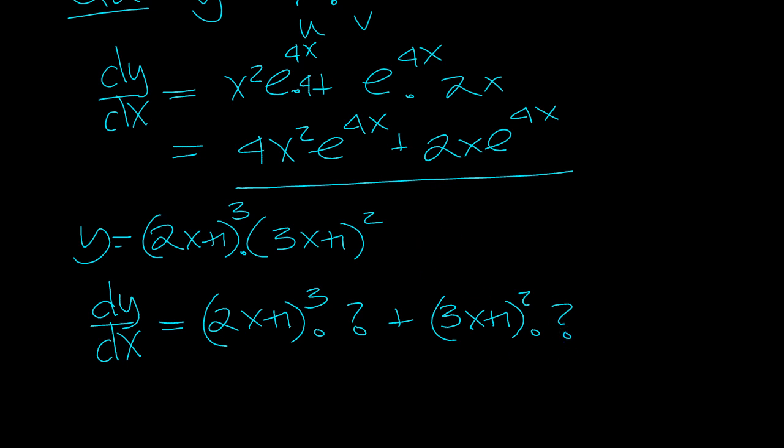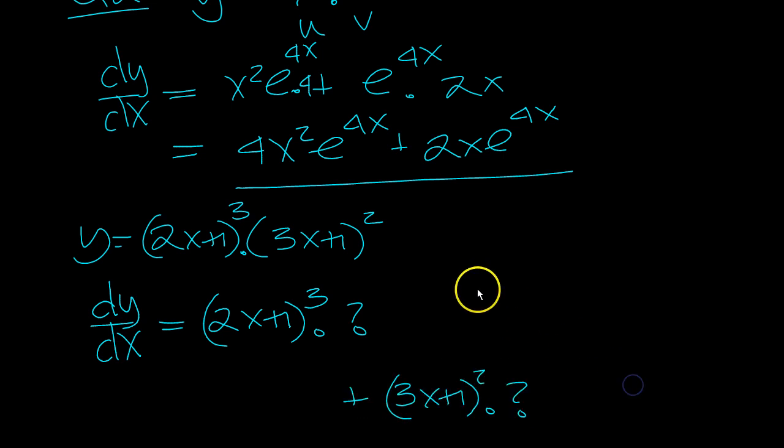And these subproblems, I better move this out of the way to give us a bit more room. These subproblems, u dv, it's something squared, isn't it? So something squared, u squared, differentiates to 2u multiplied by the something differentiated, because it's a function of a function, 3x plus 1.